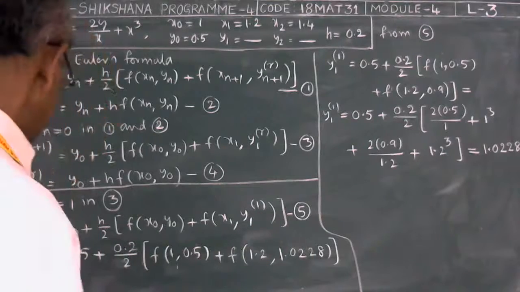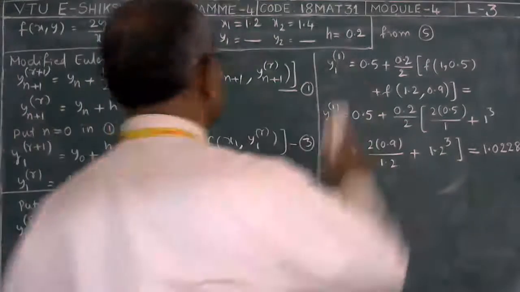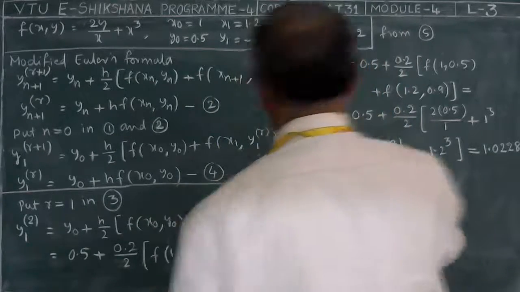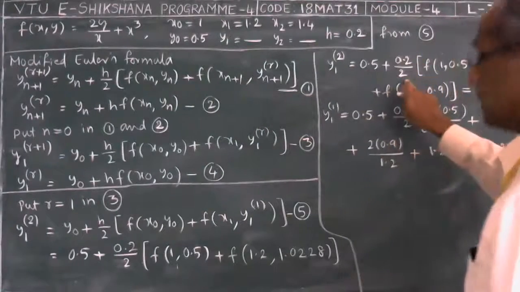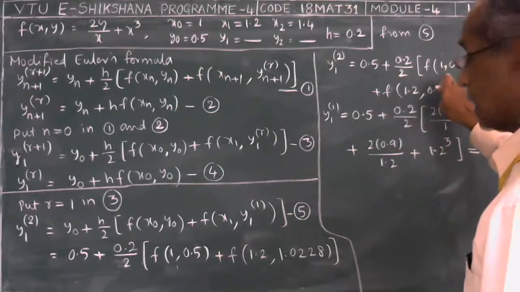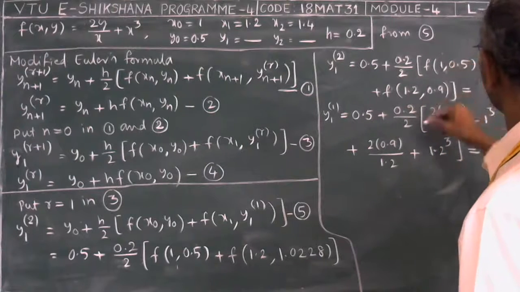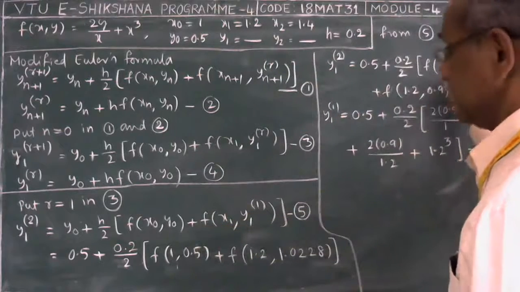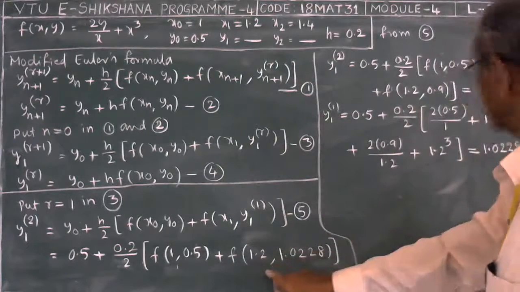Now let me apply the definition. So y12 will be 0.5, 0.2 by 2, f of 1 comma 0.5, x naught comma y naught, everything same.